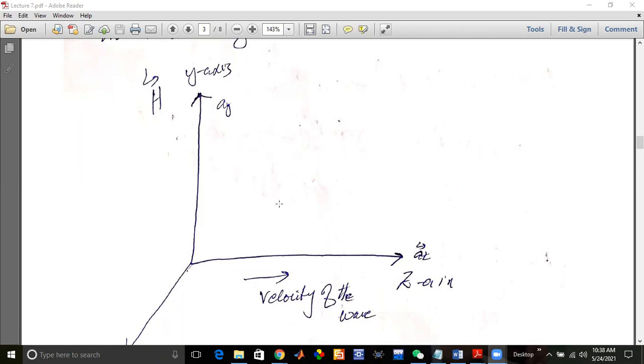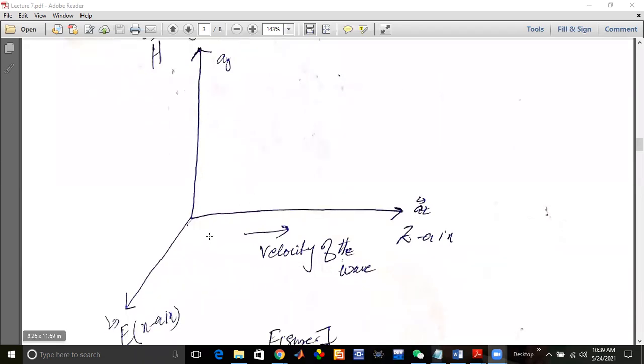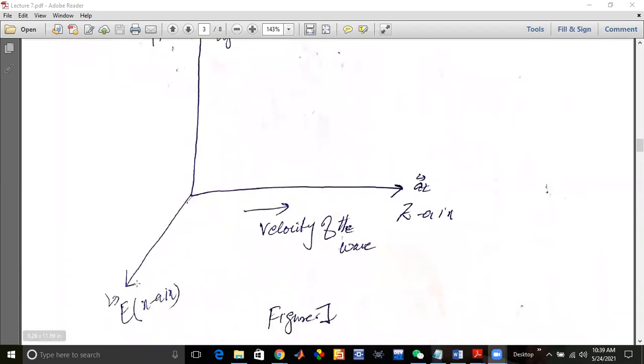So here we suppose that the velocity of the light wave is only in the positive z direction, its magnetic field is along the y direction, and its electric field is along the x direction.